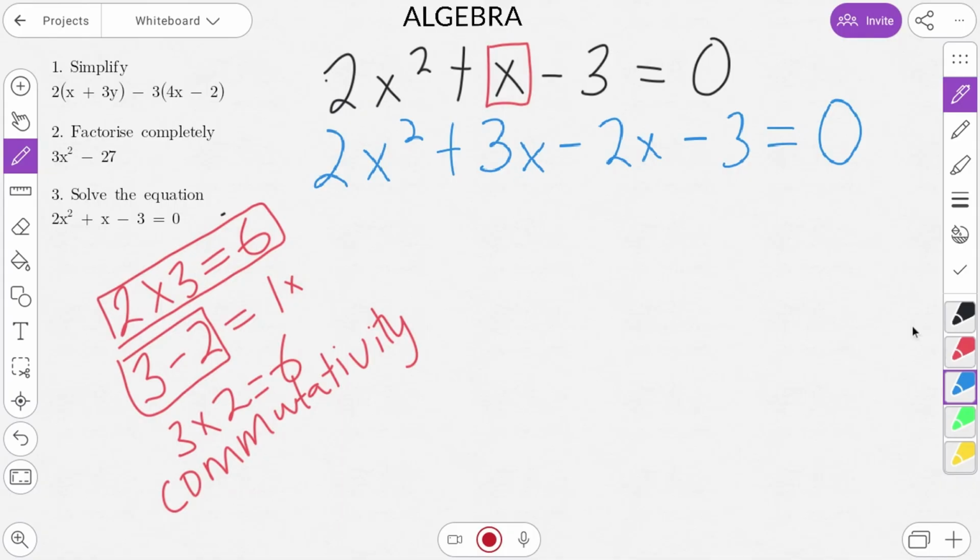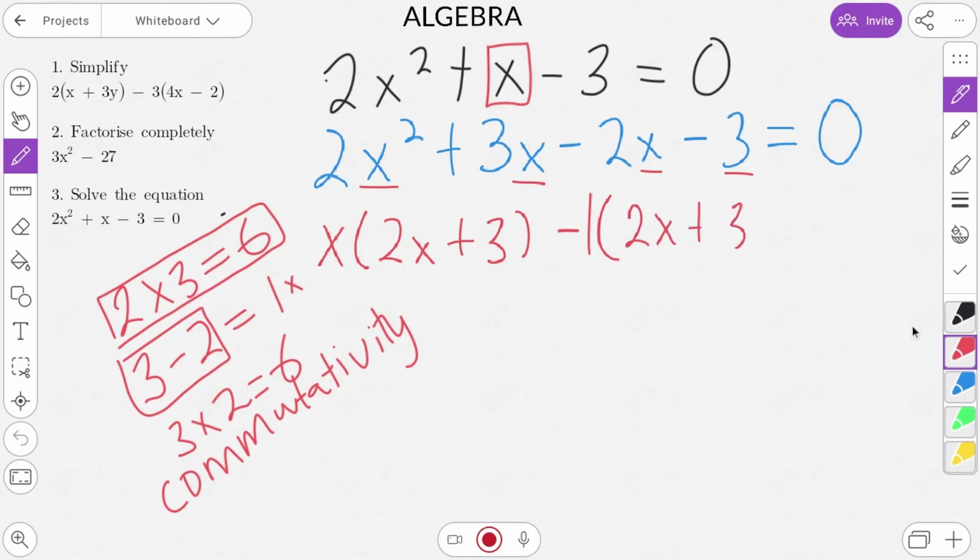From this expression, x is common to both terms. So we bring x out, and we will be left with 2x plus 3 minus, for this one, 1 will be out. So now we have 2x plus 3 once again.